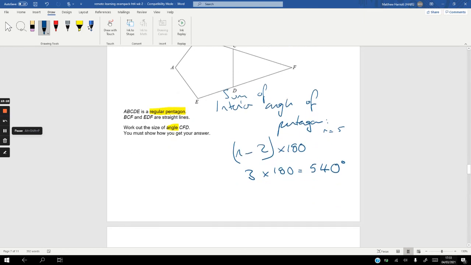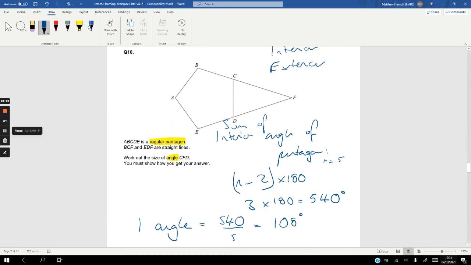So one angle is 540 divided by 5, which is 108 degrees. So on here I can mark this is 108, this is 108, this is 108, this is 108, this is 108.